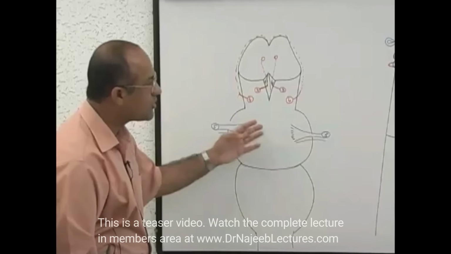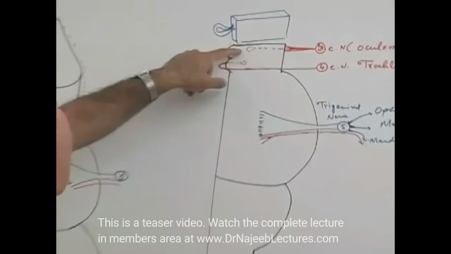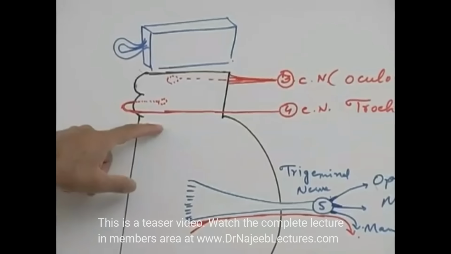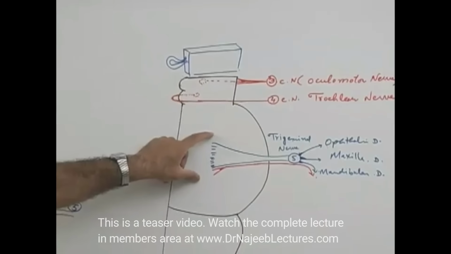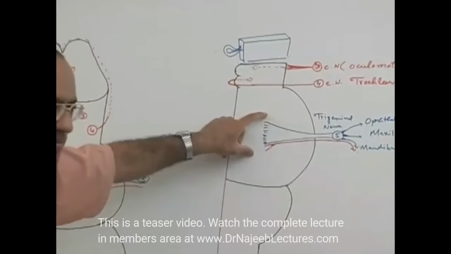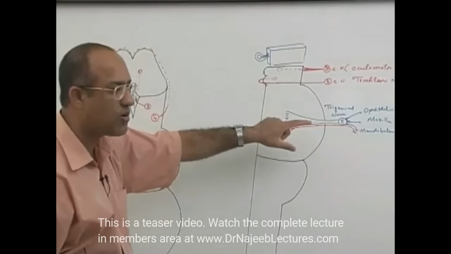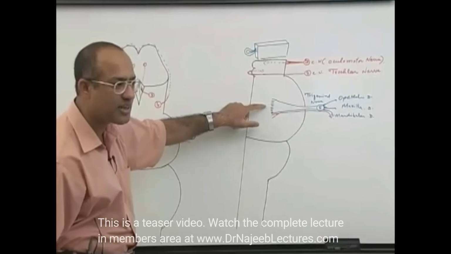Why is it so important to know these structures? Because if midbrain is damaged in upper part, third nerve will be involved. If midbrain is damaged in the lower part, fourth cranial nerve should be suffering. If pons in anterolateral area is suffering, you know which nerve will be involved, or the other way around. If you know fifth nerve is involved and there is damage to the central nervous system, it must be a mid-pontine damage.